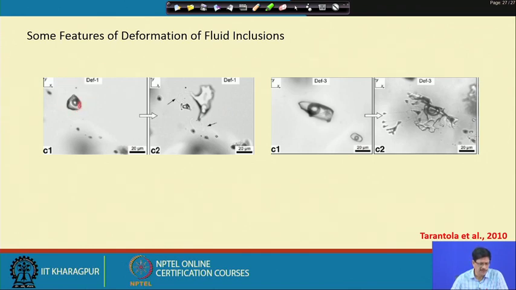So, what we could see here is an intact inclusion, and the inclusions in its surrounding clearly show that this is the same inclusion after the deformation experiment, and it has clearly become flatter and is surrounded by this kind of features.